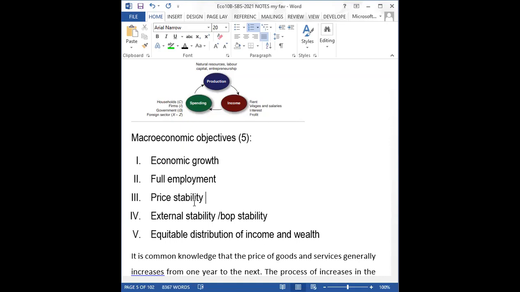Then lastly, we have what we refer to as equitable distribution of income and wealth. With this, we'll be trying to look at the extent of the inclusion of economic growth within a nation. If you're having growth, if you're having gross domestic product within the economy, to what extent is that getting to the average households?